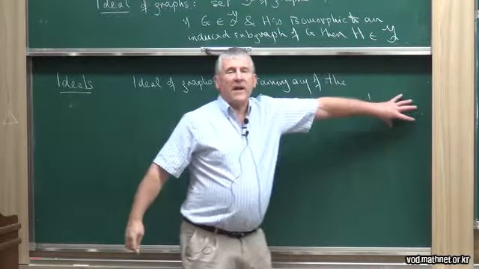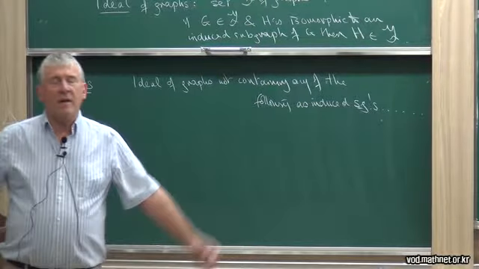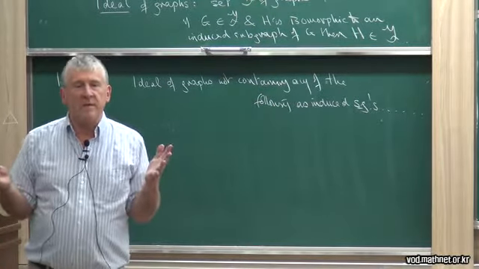So if I give you a list of graphs here, you can take the ideal of all graphs that don't contain them, and that's an ideal. That's describing an ideal by forbidden induced subgraphs.